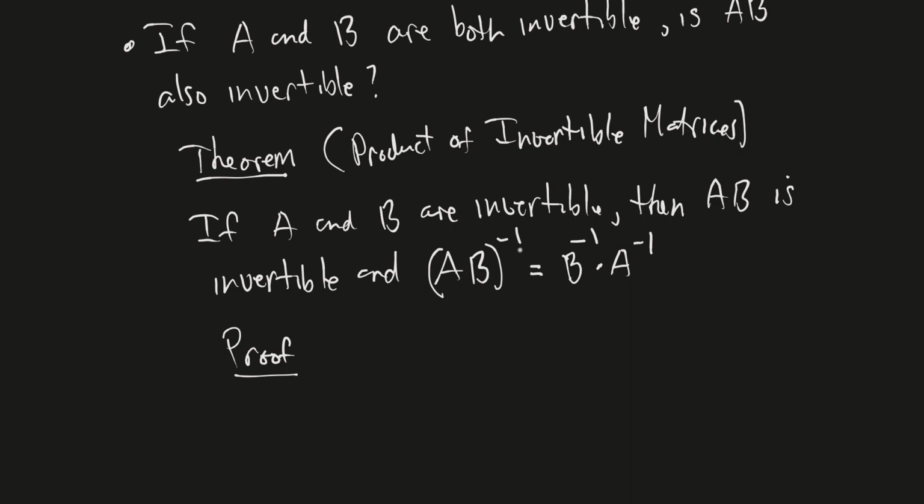What this is basically saying, if we write it out in words, is that the inverse of AB is B inverse times A inverse.